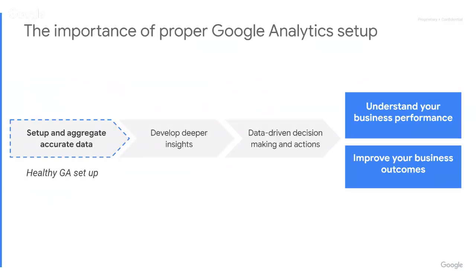And lastly, this will lead to you understanding your business performance so that you have consolidated site analytics and ads performance, enabling you advanced reporting features and customer acquisition capabilities. And also, this will lead to improving your business outcomes, bringing to light your KPIs and insights beyond ads to improve business strategy.